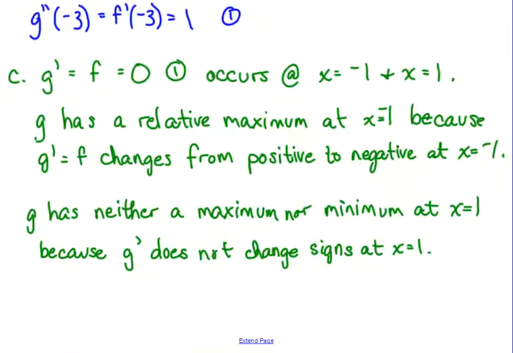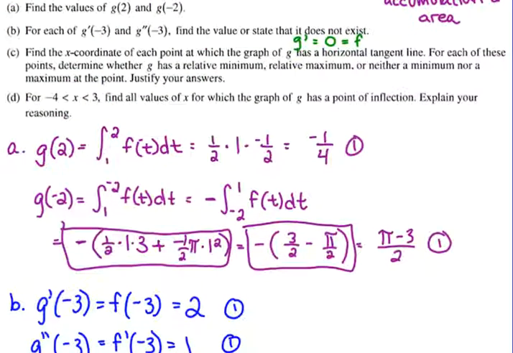Okay, so you get 1 point. I already told you got 1 point for considering G prime equals 0. You get 1 point for stating those two values at -1 and 1, and you get 1 point for your correct explanations here. So if you don't get both explanations correct, or you don't identify them both correctly, then you lose that point there.